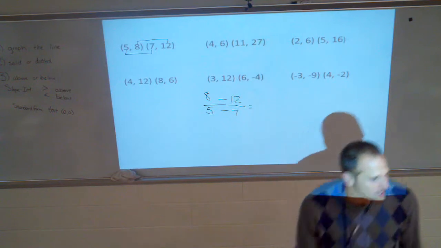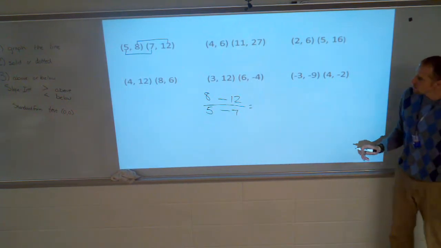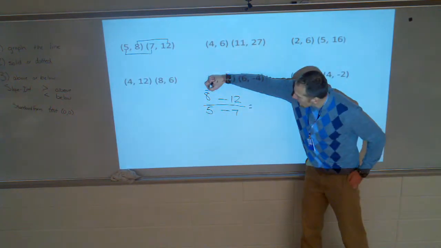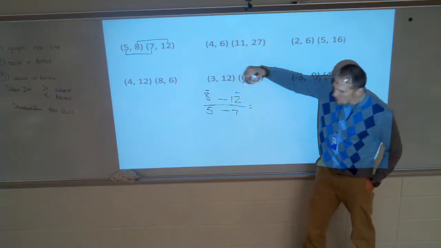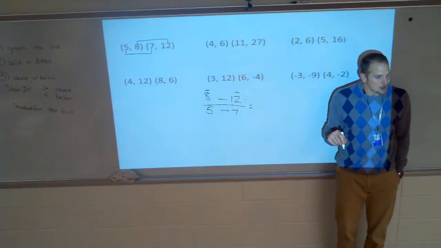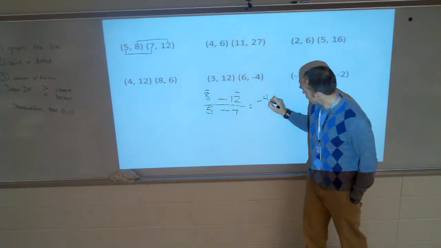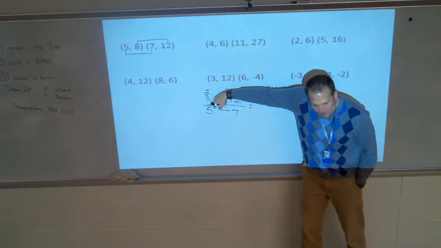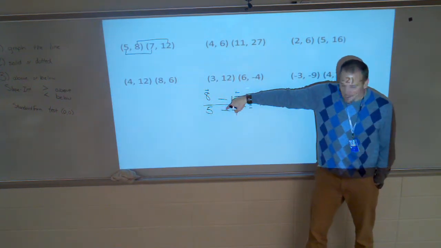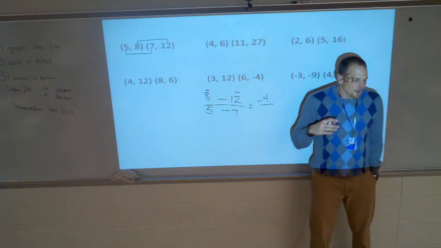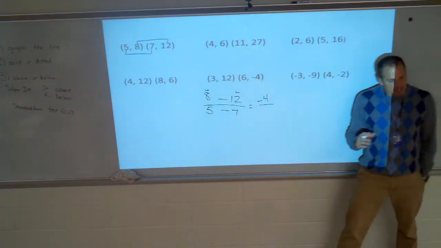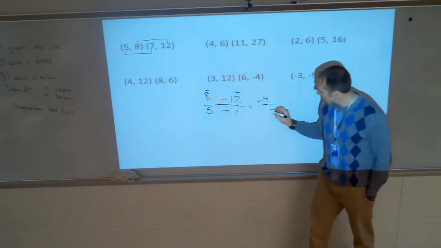8 minus 12. Trevor, I've got a positive 8 and a negative 12. Where am I going to be? Negative 4. On the bottom, I've got a positive 5 and a negative 7. Alejandro, if I come up 5 and I go back 7, negative 2.